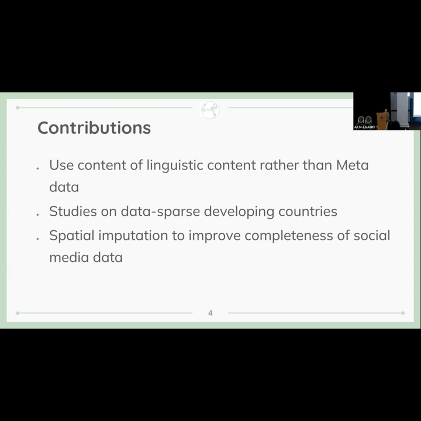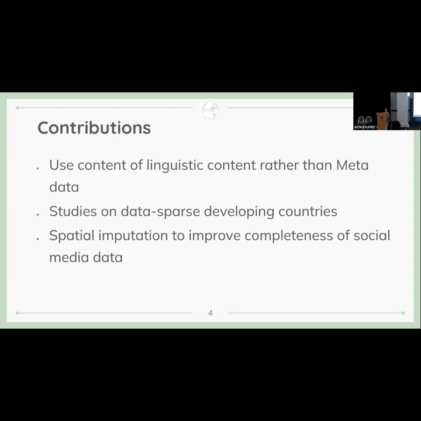A lot of studies focus on high income advanced countries like the US or European countries. So we want to engage with social media topics, particularly in a developing country context, using Zambia as a case study.